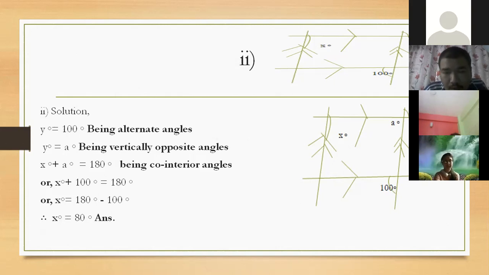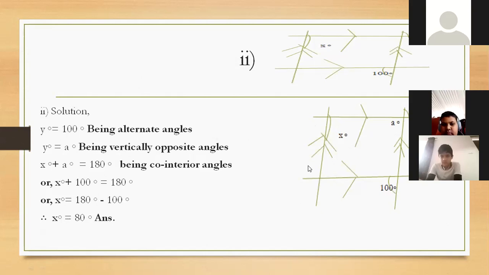Okay. Today this much only, and the remaining questions we will do in the next class. Okay, children? Sarah, do you have any confusion in this solution? No, sir. Okay.